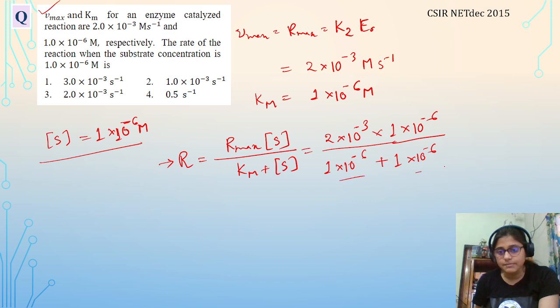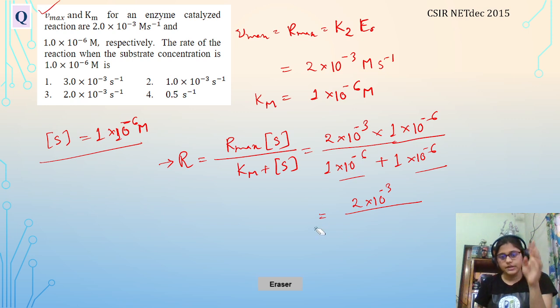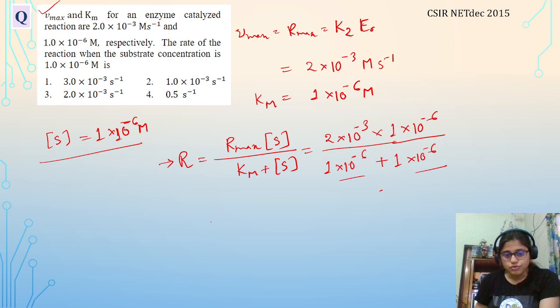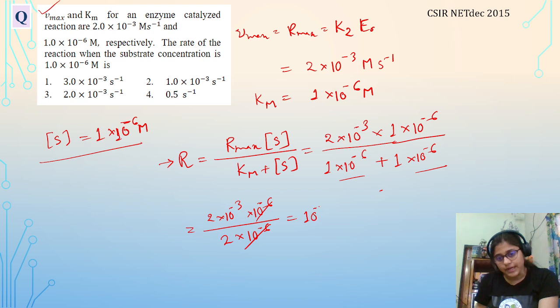So these are the same. So we can write it as R equals 2 into 10 to the power minus 3 into 10 to the power minus 6 over 2 into 10 to the power minus 6. So it will be only 10 to the power minus 3.